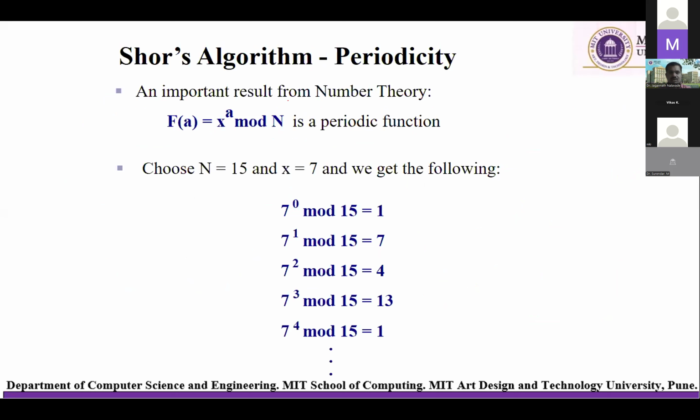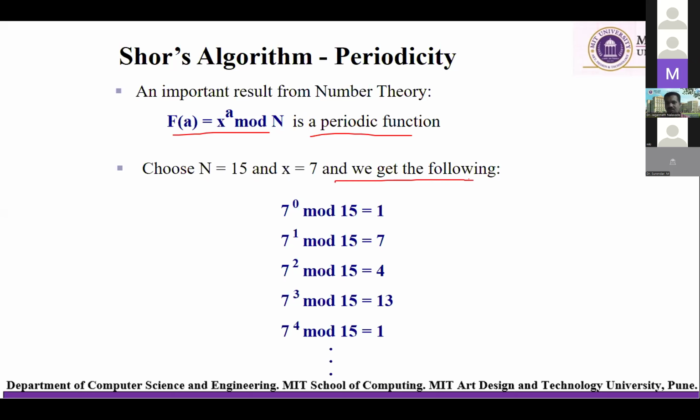The important result from number theory: f of a is equal to x raised to a mod n. This is one of the periodic functions. So choose n as 15 and x as 7 in this particular function f of a.